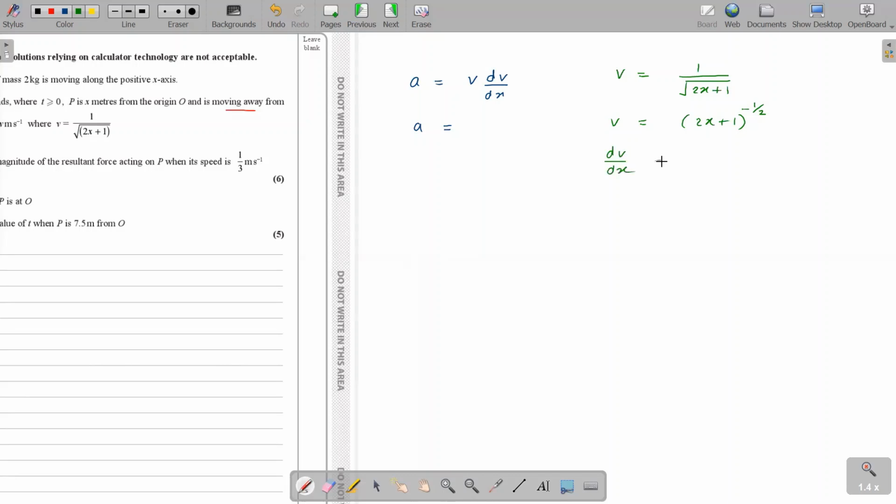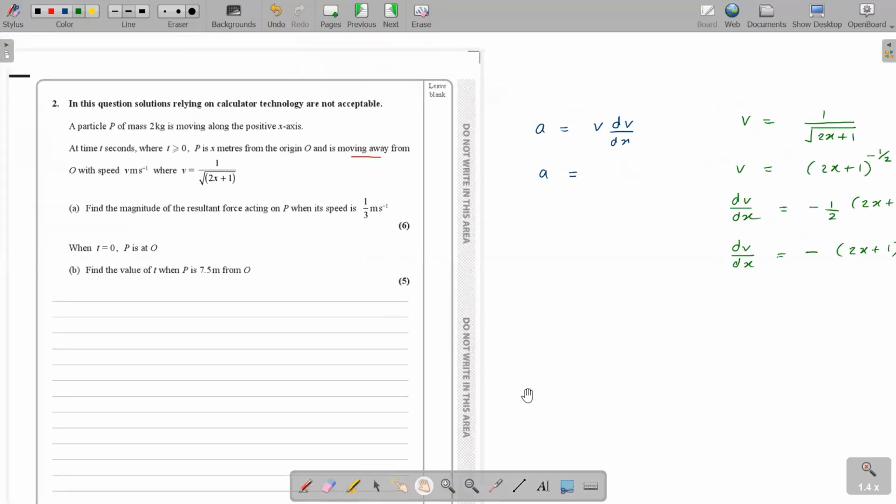First you bring the power in front, minus half, times 2x plus 1 to the power minus half minus 1, which is minus 3 over 2, into the inside differentiation of 2x plus 1, that is 2. So dv by dx, minus half and 2 cancels, giving minus 2x plus 1 to the power minus 3 over 2. Are you with me?